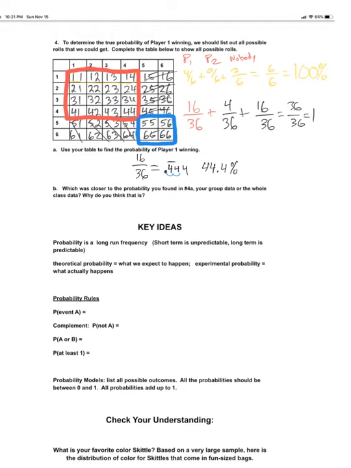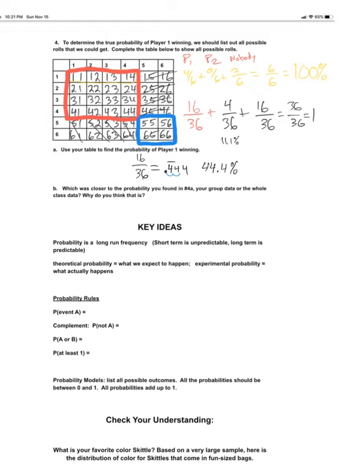All right, so you could say 16 out of 36 or 44.4%. 44% chance sounds like you have less of a chance than anybody else, but you got to remember the other person only has 4 out of 36, which is 11.1%.